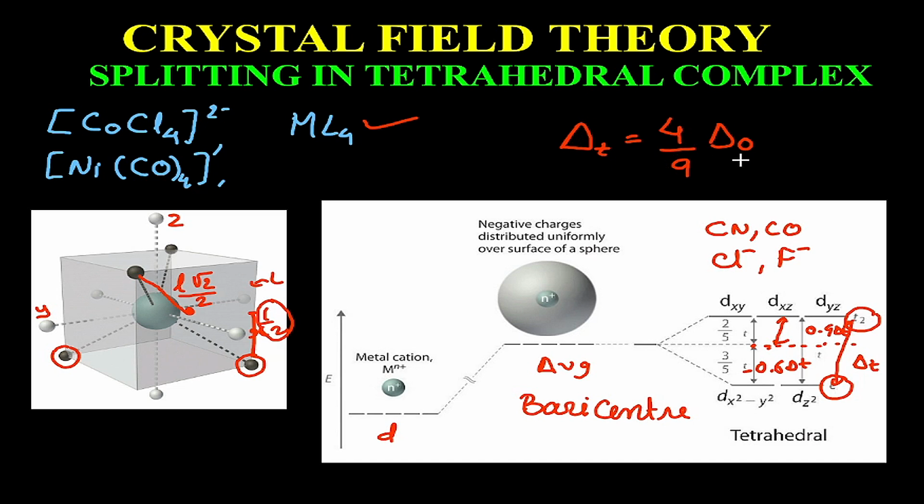This is because the tetrahedral has 2 by 3 times fewer ligands, and as the ligands are not directly approaching from the axis, the repulsion between the ligands is 2 by 3 times lesser, and hence it is 4 by 9 times delta O. So this is how the splitting of a tetrahedral complex takes place.